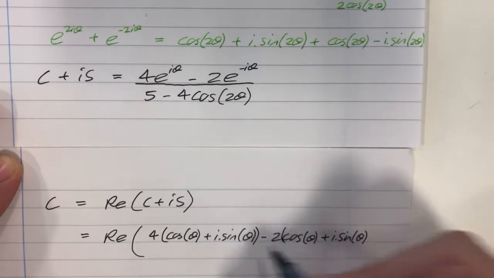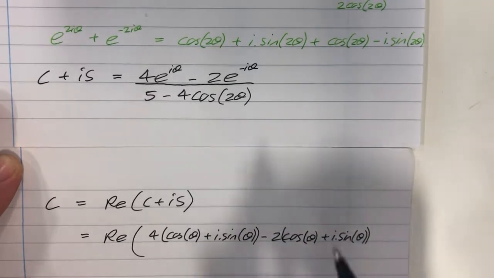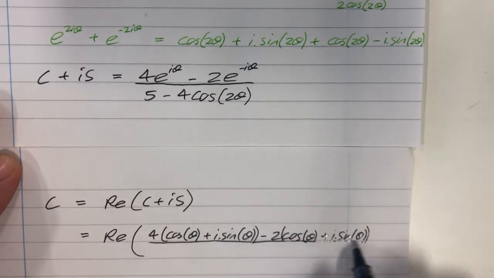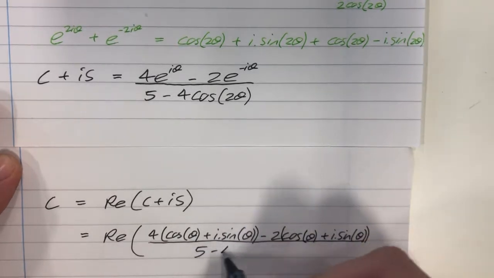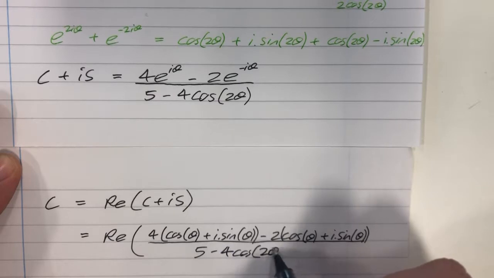That 2 affects the whole thing there. And that is all divided by 5 minus 4 cos 2 theta.